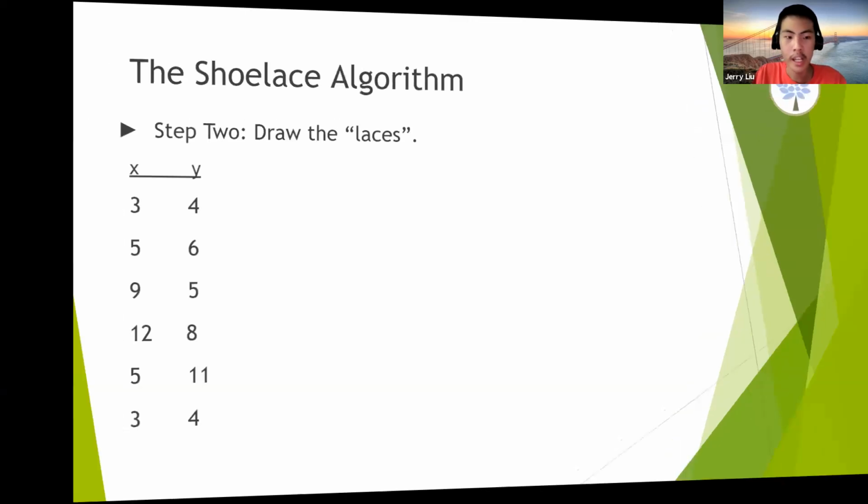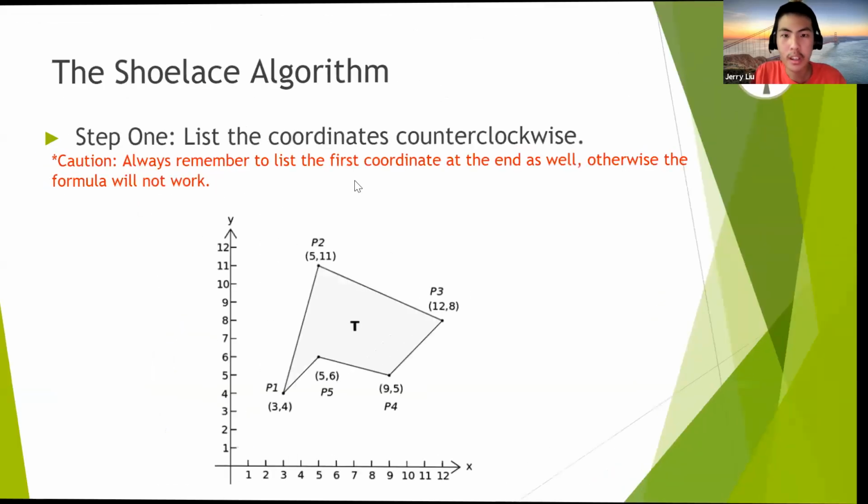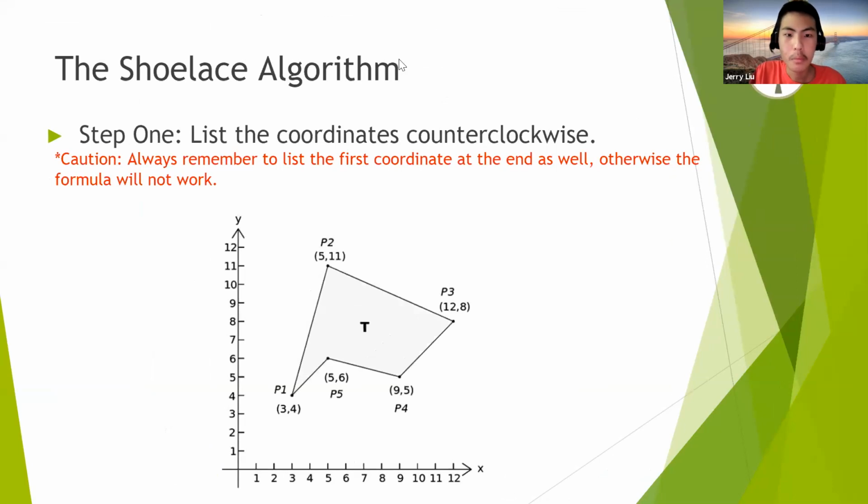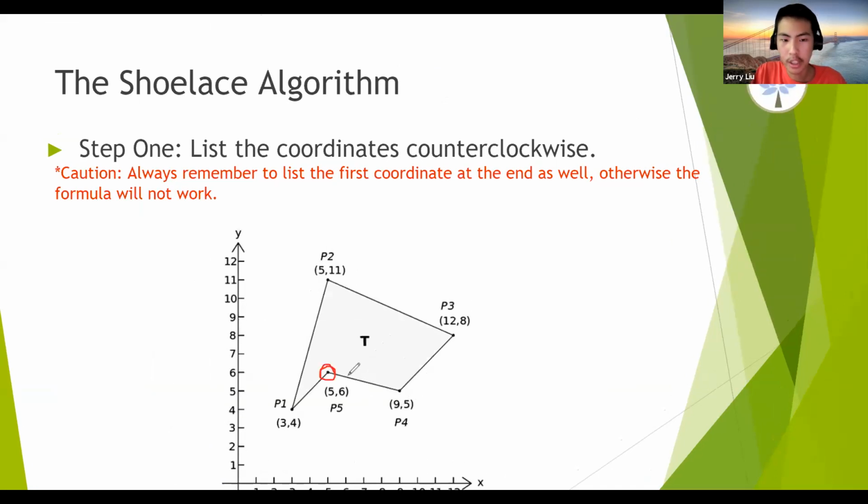So if you look back at this figure, for example, you could start by putting in P5, and you could still work it like this, or you can work it like this. It doesn't matter, but you cannot go from P5 and have the next one you list be P3. This is a no-no, and you will get a wrong answer if you do that.